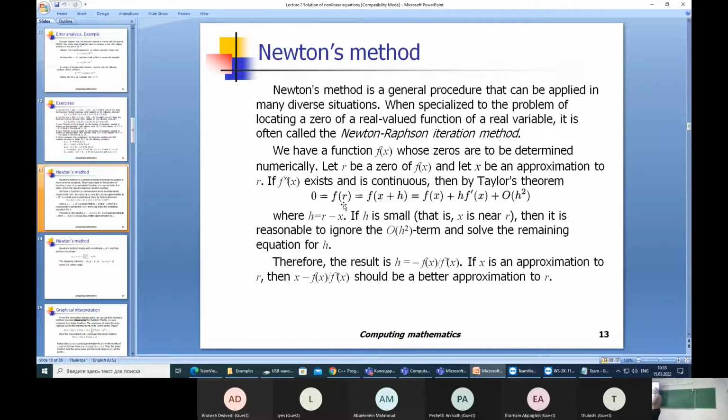And what we have, let me write from left to right: 0 equals f of x plus h times f prime x.